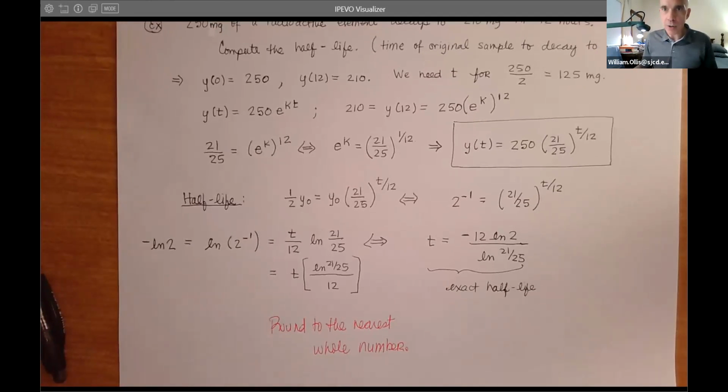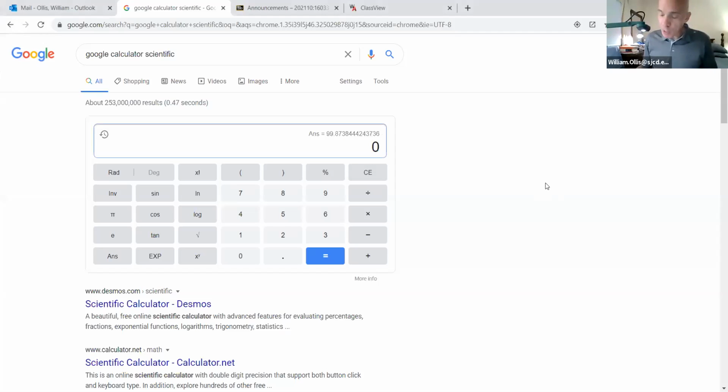So let's go to our Google. Don't be surprised if you see a WebAssign problem that says, give the exact answer. So that's what you have to type. I'm giving you a break right now that you can use, but that would be a better answer right there. That would tell me that you knew what you were doing.